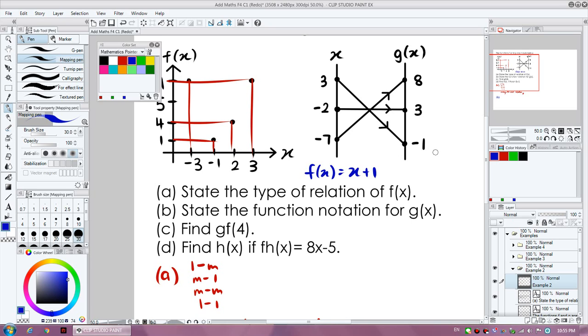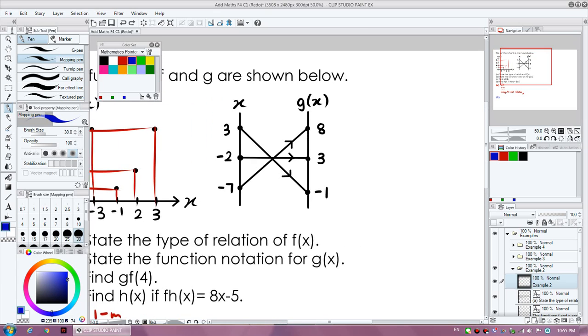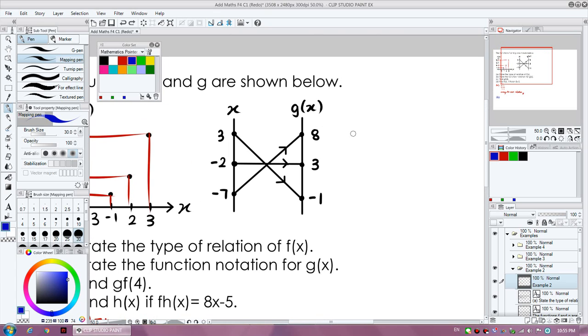If the object is 3, the function through 3 will be 3 plus 1, which is 4. So to do this, we write out that g of negative 7 makes 8. As for negative 2, the object turns into 3. And if the object is 3, it will turn into negative 1.